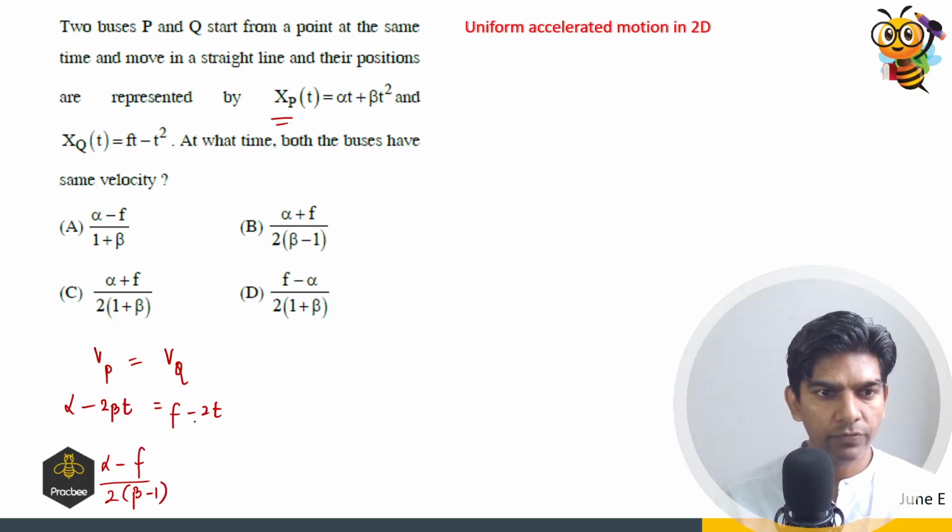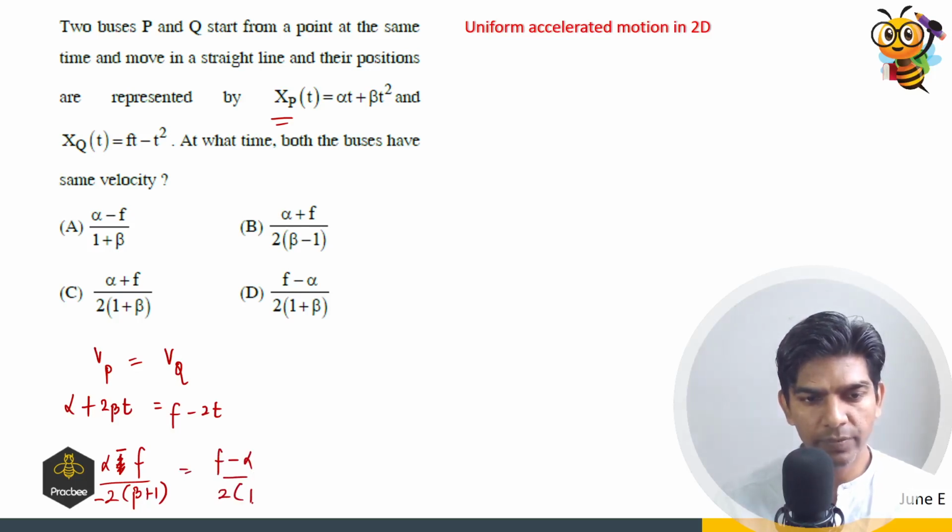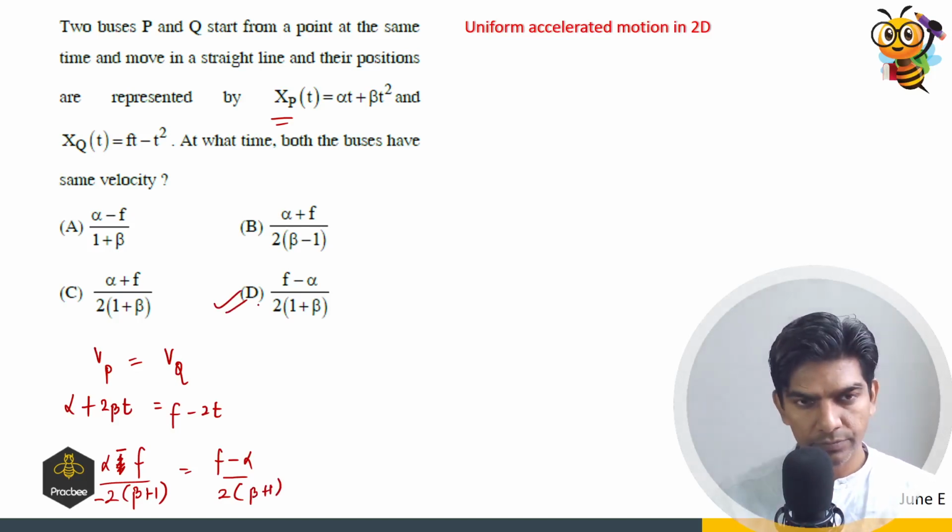Let me again check. Sorry, this is plus, right? This is plus, so this will be alpha minus f, and it will be minus of this, so it will be f minus alpha divided by 2 times beta plus 1. So option D is the right answer.